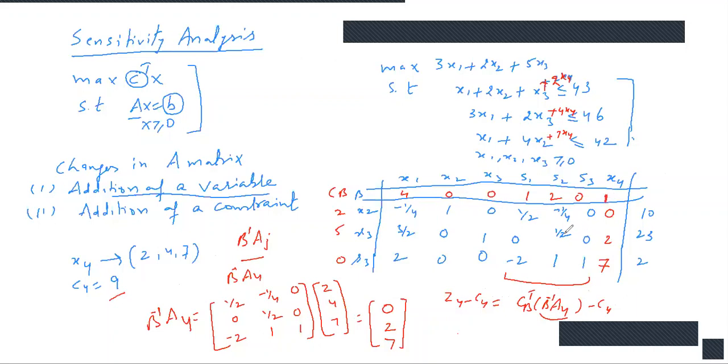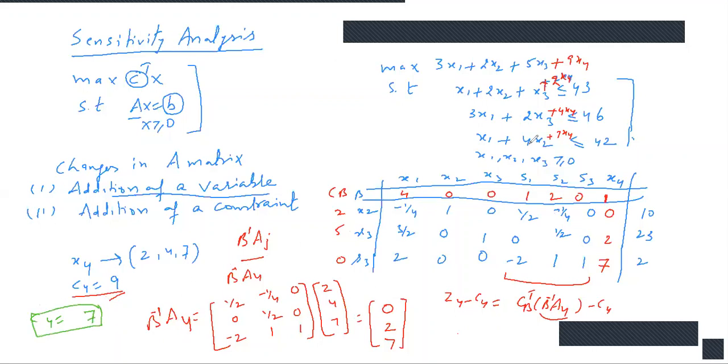So if I add this variable whose cost coefficient is 9, meaning 9x4, it will have no effect on the present optimal solution. The same solution remains optimal, right? Now let us discuss another case. Suppose my C4, the cost coefficient, is, say, 7.